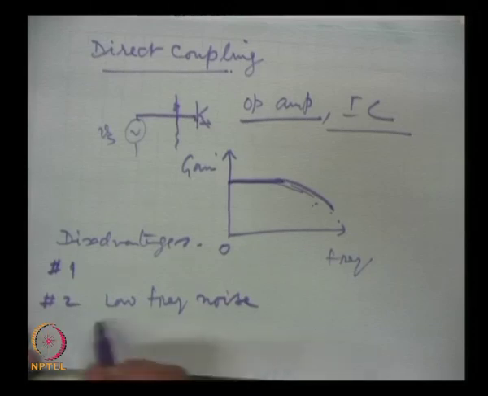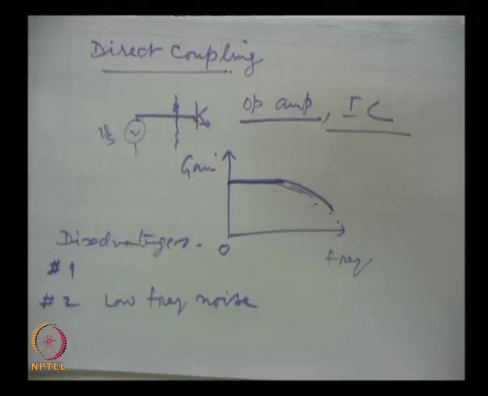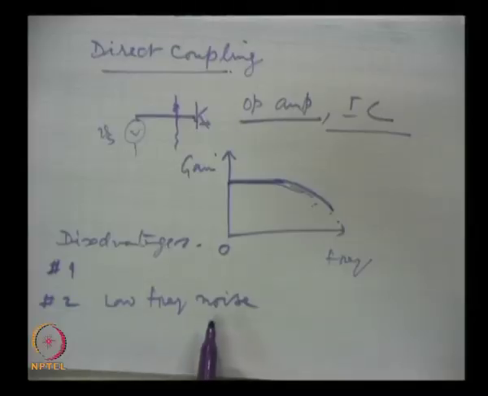In RC coupling the capacitor will block this low frequency noise, but in direct coupling there is no blockage, there is no restriction on the frequency. So even noises will propagate through the amplifier and be amplified. This problem can be taken care of by using more advanced circuits like differential amplifiers, where we can filter out these noises by a different mechanism that we will see when we talk of differential and operational amplifiers.